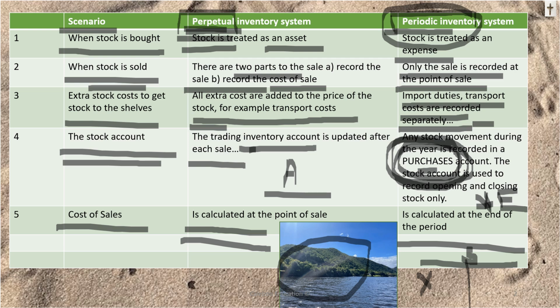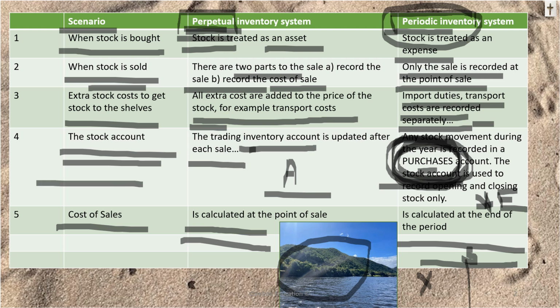And one big difference between the two stock systems is that I'm now introducing in the periodic inventory system a purchases account for any movement of stock during the year. The trading inventory account in the periodic inventory system is only used for opening stock value and the closing stock value. But more about all these scenarios over the course of this video.